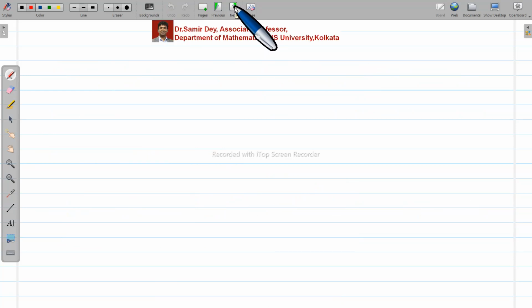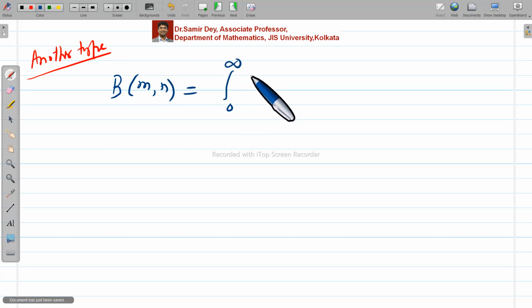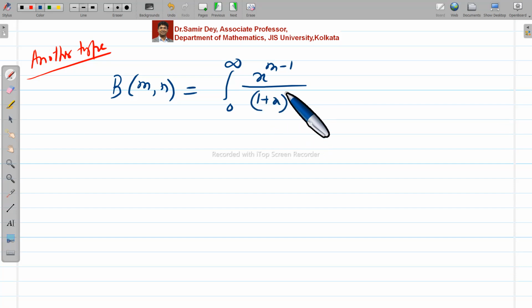Another type you have: B(m, n) equals the integral from 0 to infinity of x to the power m minus 1 divided by (1 plus x) to the power m plus n, where n and m are positive.